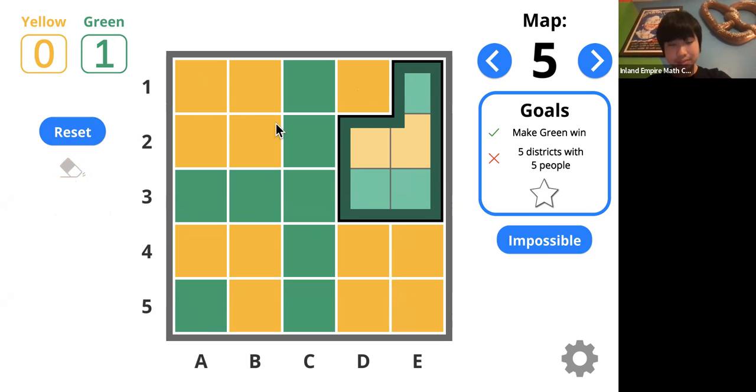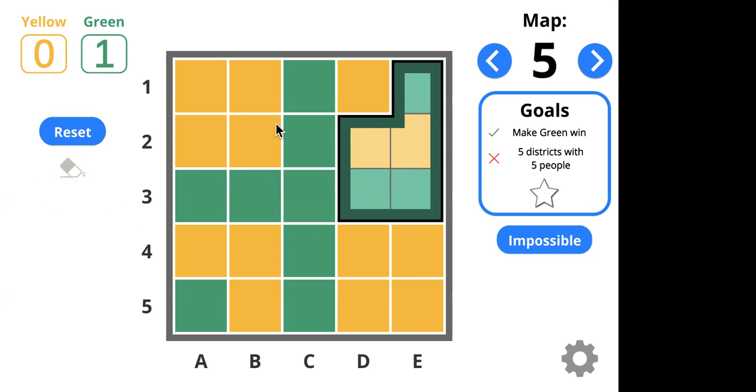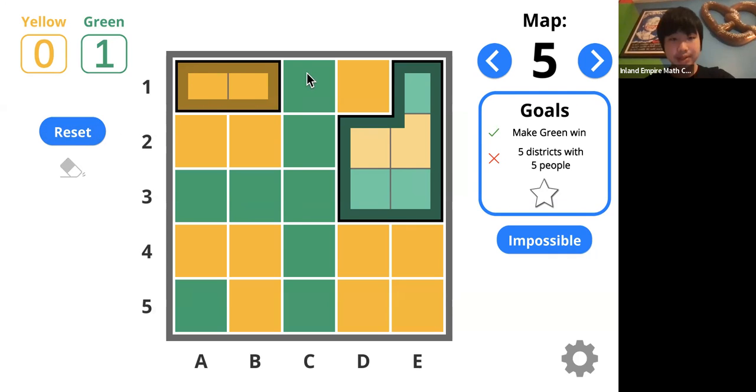Okay. Wait, but it looks like there's gonna be, oh, okay. 1, B, C, D. 1, B, C. Okay, sorry.